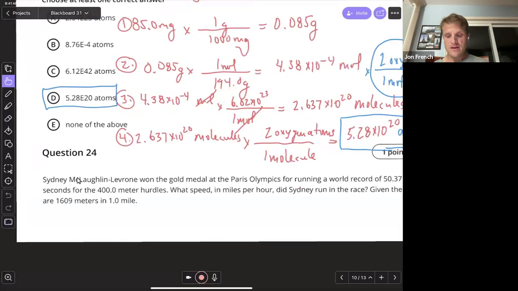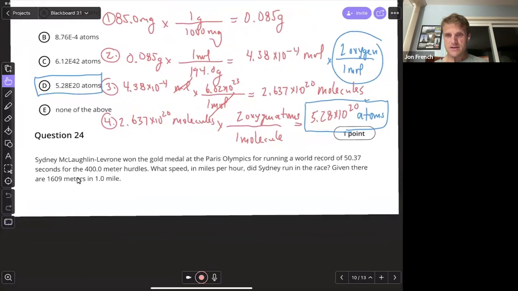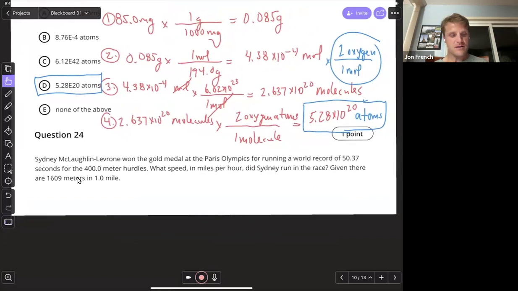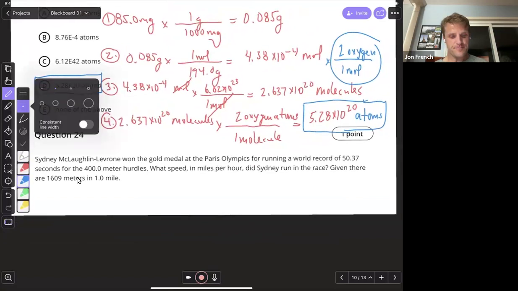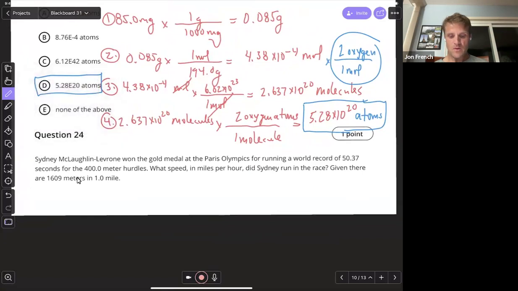So this is kind of just a dimensional analysis problem. Right, so 400-meter hurdles, and we want to find that in miles per hour. So we can turn 400 meters in 50.37 seconds into meters per second, and then we can convert that into miles per hour.